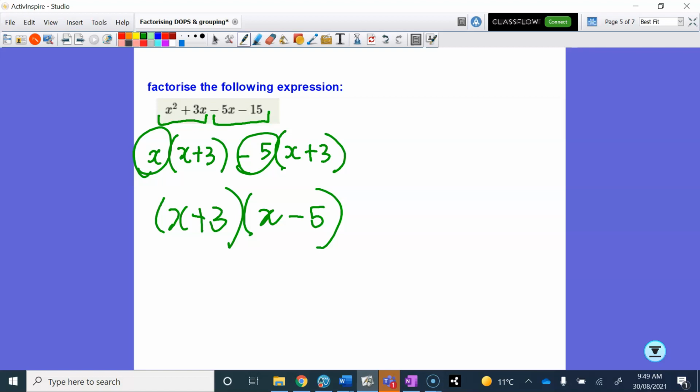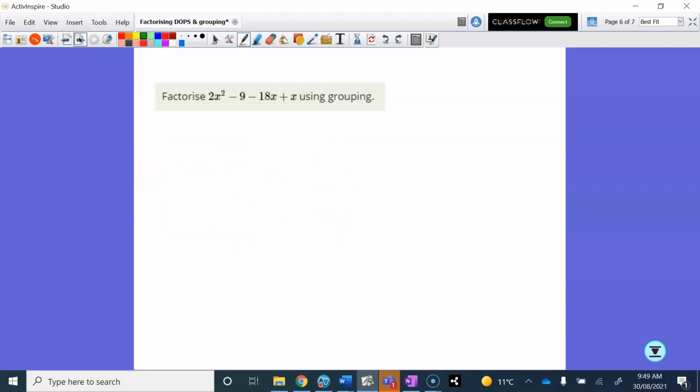So sometimes it's not quite as straightforward as that. Sometimes we do need to rearrange the terms. There's 4 terms in that expression, and you can see there's nothing I could factorise there with 2x squared and -9. So it doesn't work so nicely, and it's not quite as straightforward as some of the other expressions.